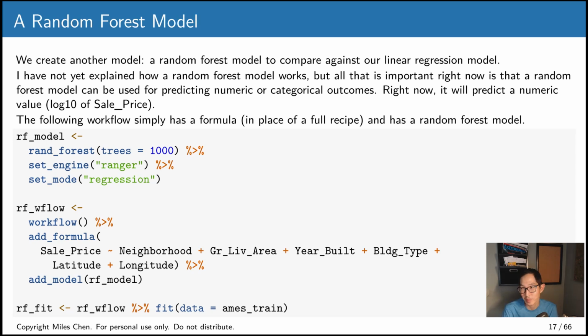One engine is randomForest, but another engine is ranger, which has pretty good performance. I guess you can think of it as a forest ranger. And the mode is regression, because we're trying to predict a numeric thing. Random forests can be used to predict categorical or numeric values, but in this case we're predicting a numeric value.